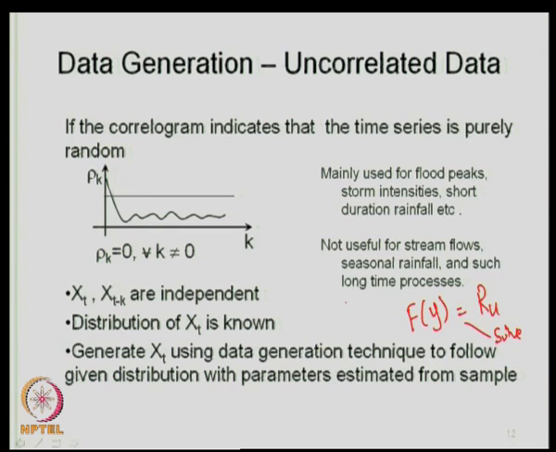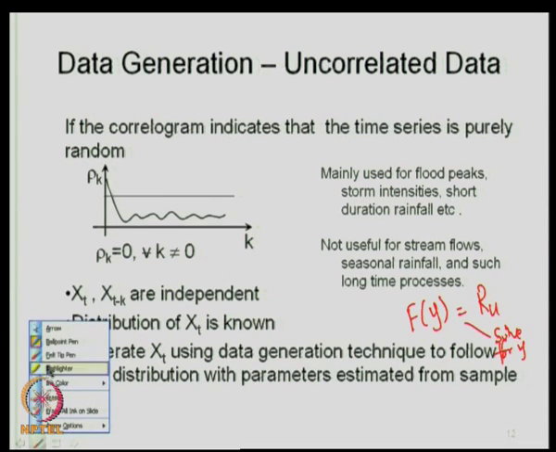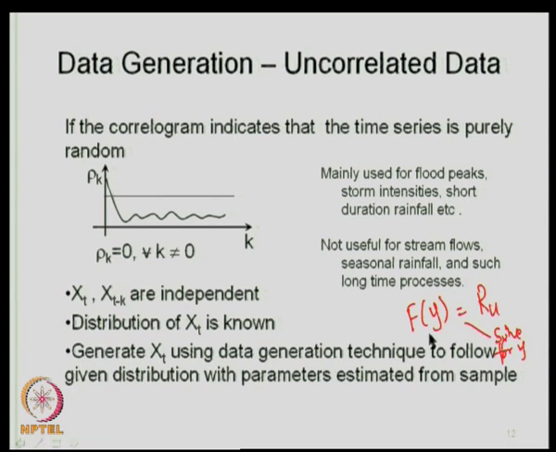So, this is what we do there, solve for y. F of y as indicated here is the CDF of that particular distribution.